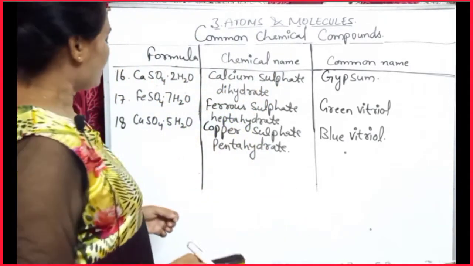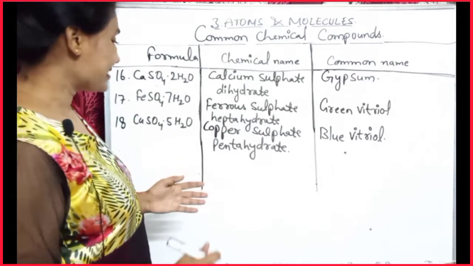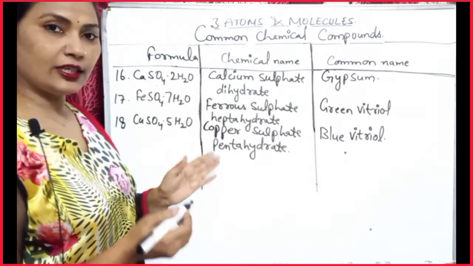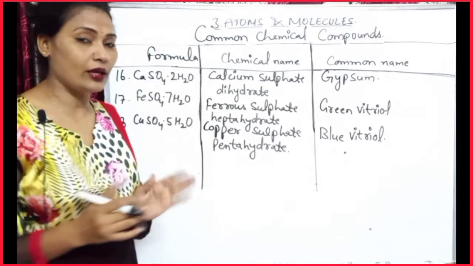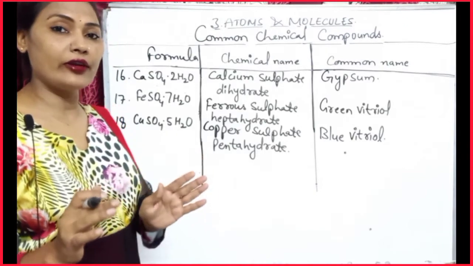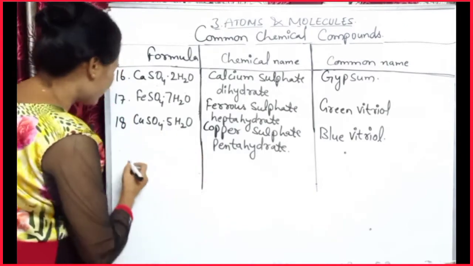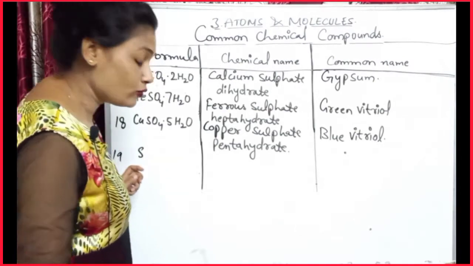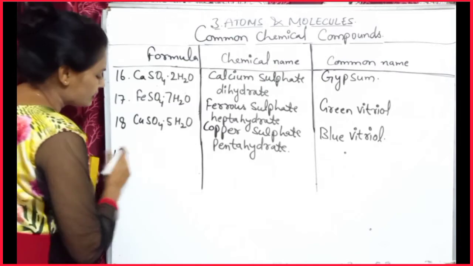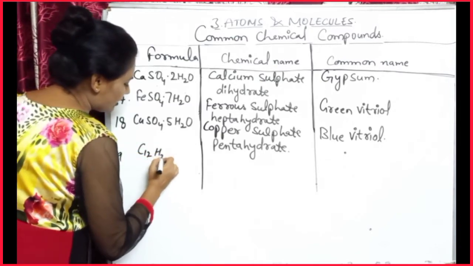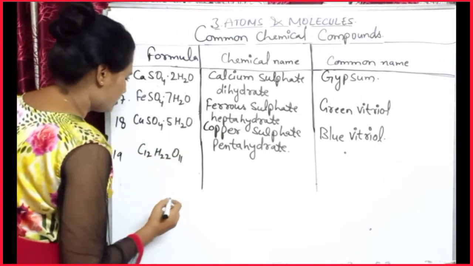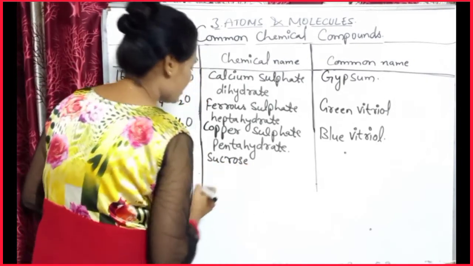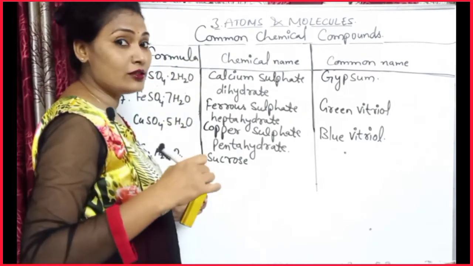Okay, and some common substances are like sugar. Its chemical name you can write as sucrose. Sugar is C12H22O11. So you can write the formula C12H22O11 and its name is sucrose. Okay, that is formed from glucose and fructose.